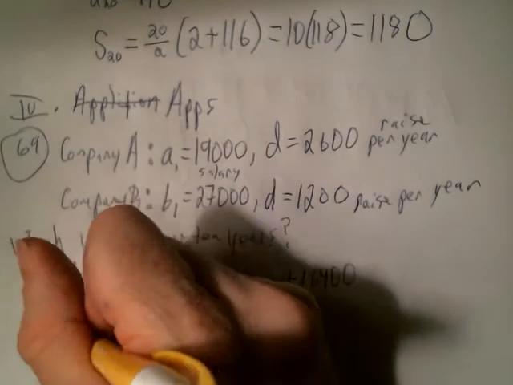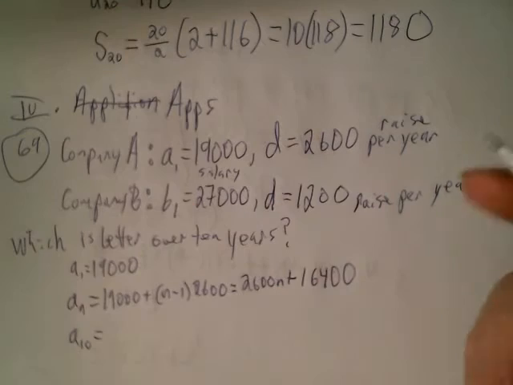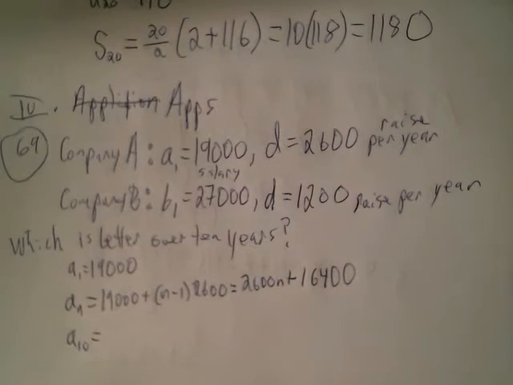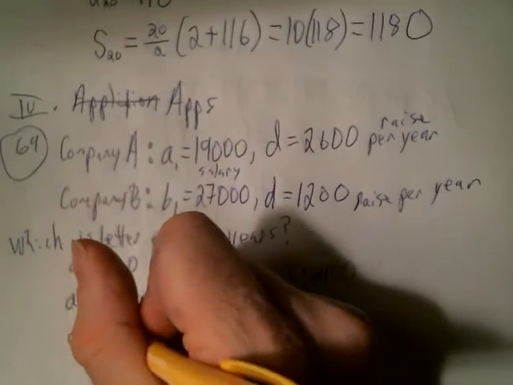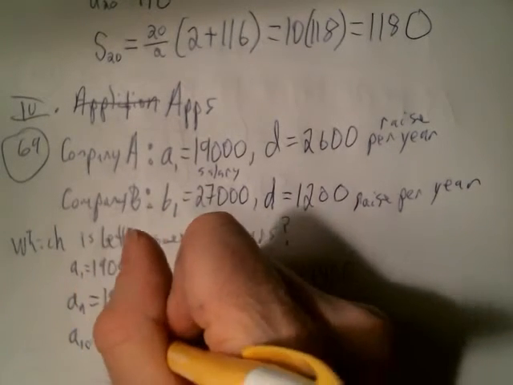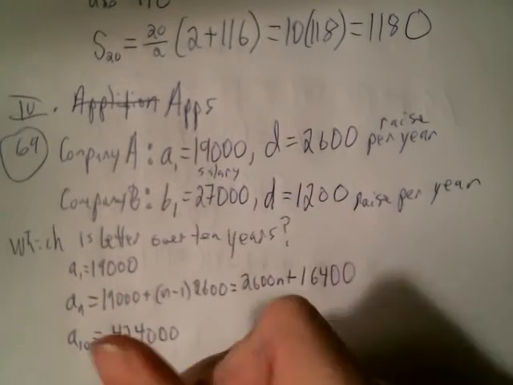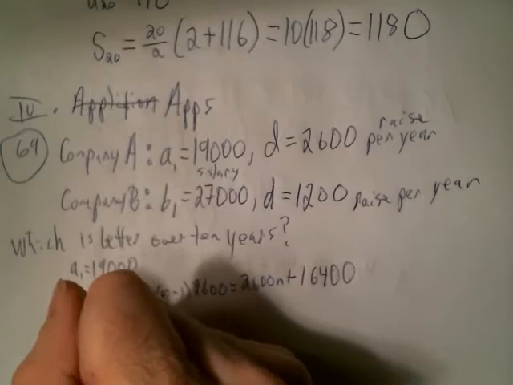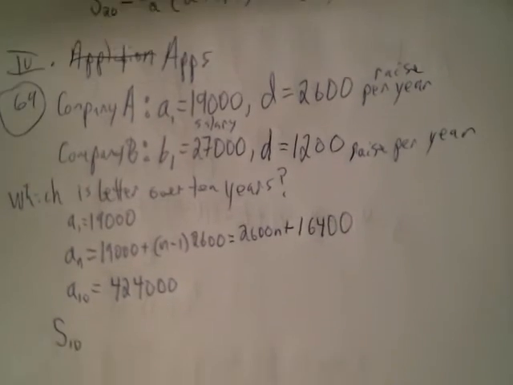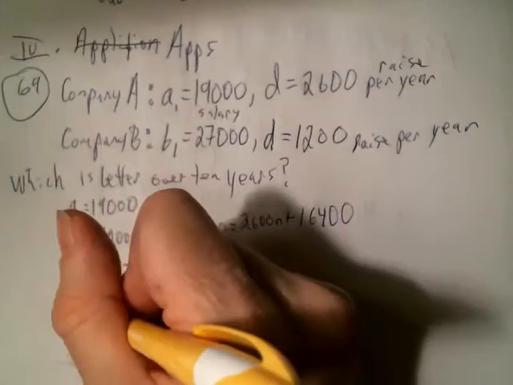Okay, so a sub 10 in this case will equal 26,000 plus 16,400. So a sub 10 will be $42,400. We want to know the actual amount that comes to after 10 years. So we need to figure out S sub 10.